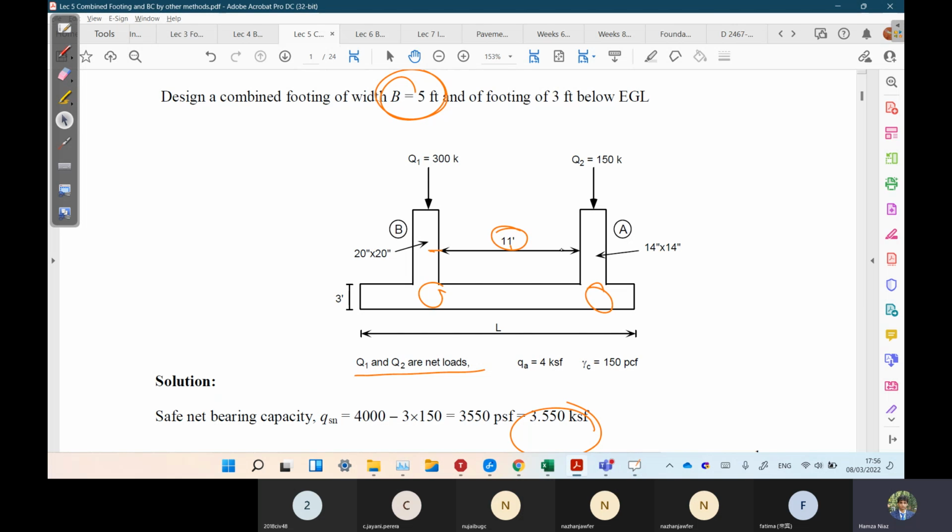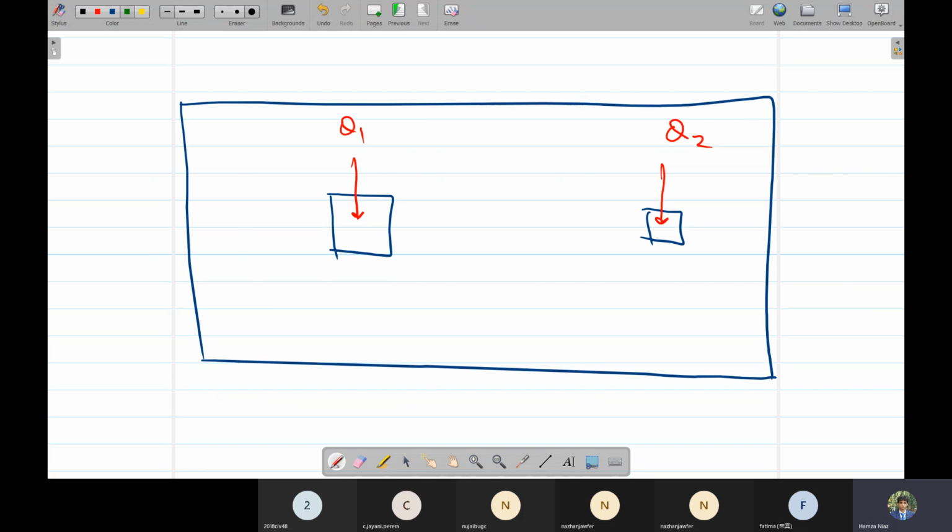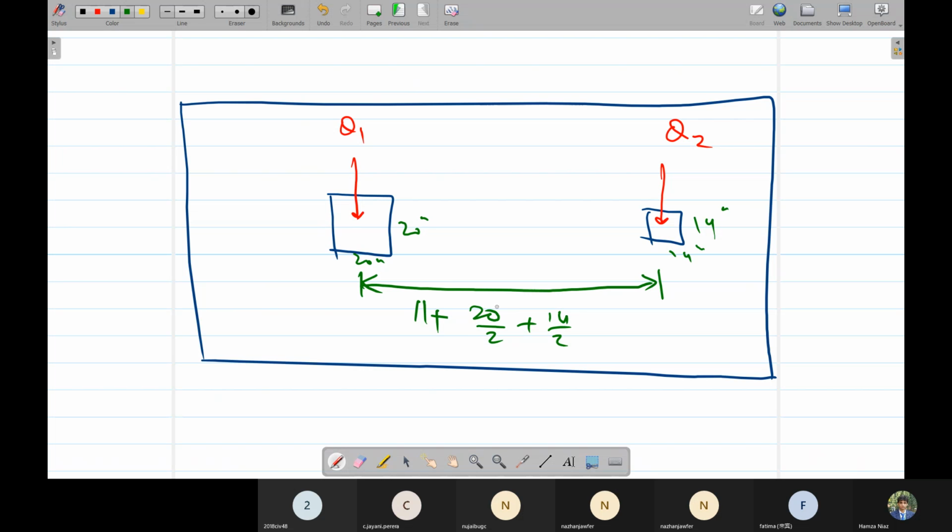So if we find the center to center distance, that would be 11 feet plus 20 by 2 plus 14 by 2, where this column is 20 inches by 20 inches and this one is 14 by 14, whole divided by 12 because we have to convert this into feet.